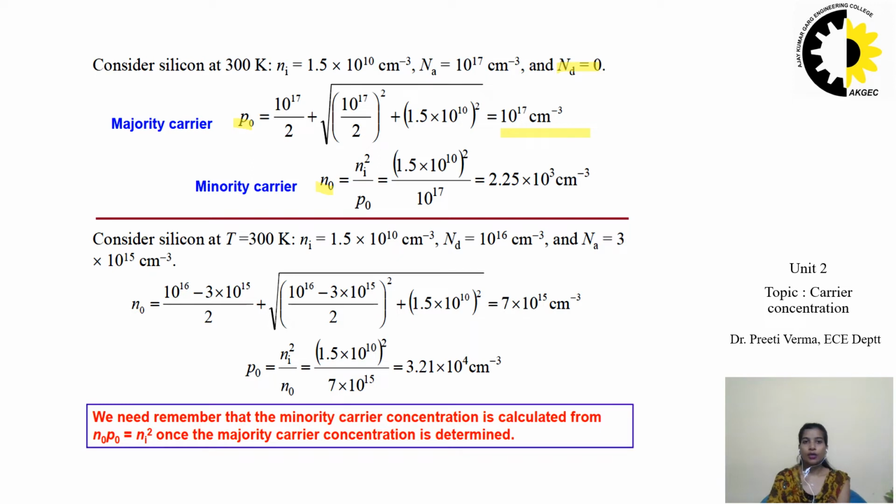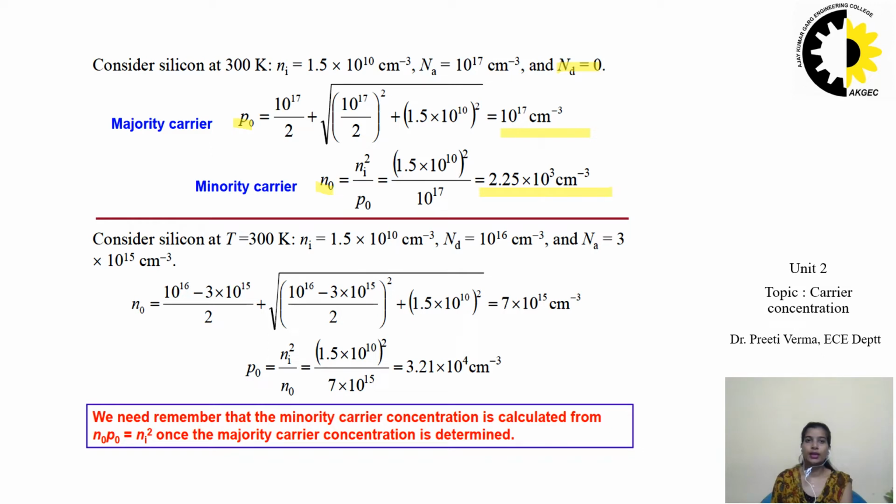Similarly, we can calculate the minority carrier concentration. N naught is equal to Ni square by P naught. Ni is given as 1.5 × 10^10, so we have Ni square, and P naught we have found as 10^17 per centimeter cube.